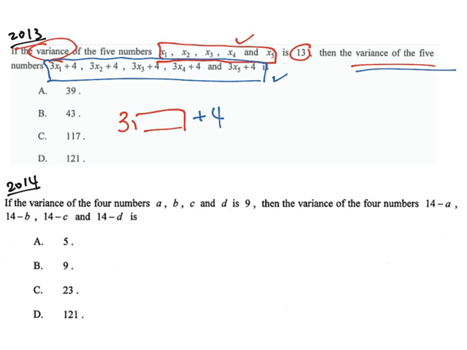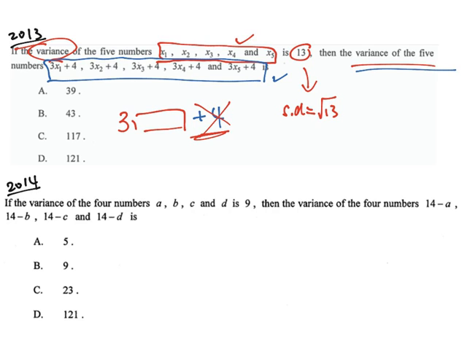And now we need to find the new variance. Actually, for variance, we can use SD first. For SD, take the square root of the variance. According to the rule of the change of the data set, if it is plus something, SD has no change. That means it doesn't affect it.